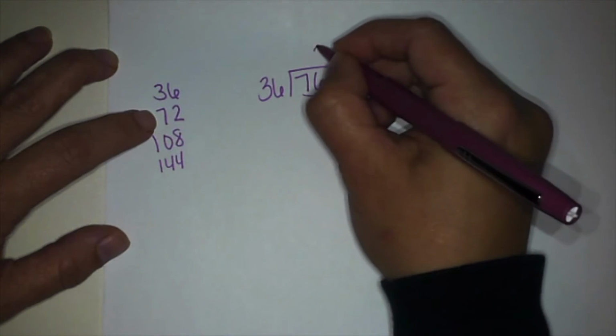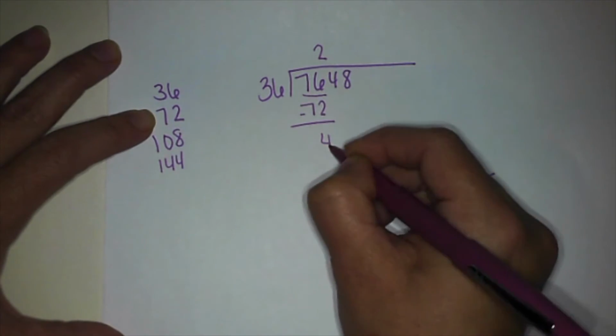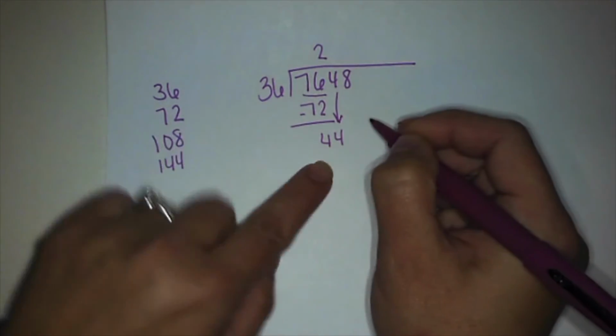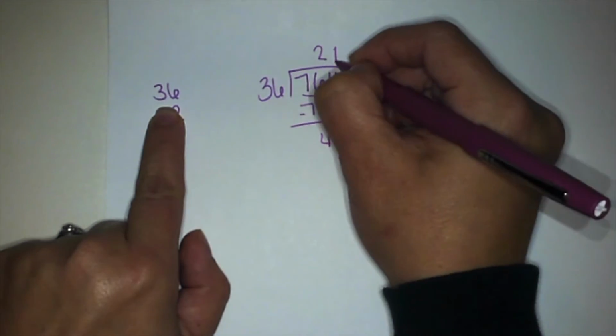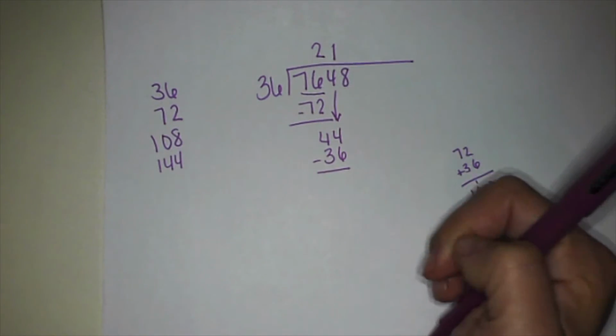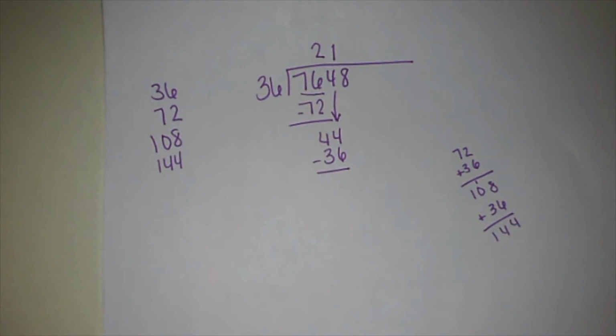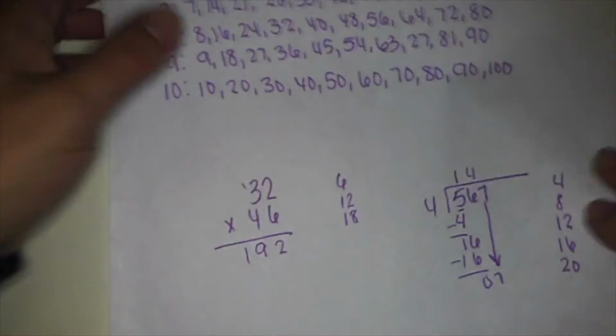Look, I have 72. It's the second number. I'm taking 72 out of it. Now I'm looking for 44. That's the first number. It's the closest I can get. And your math is going to go a whole lot easier, your division, because you've already done all the hard thinking over here.